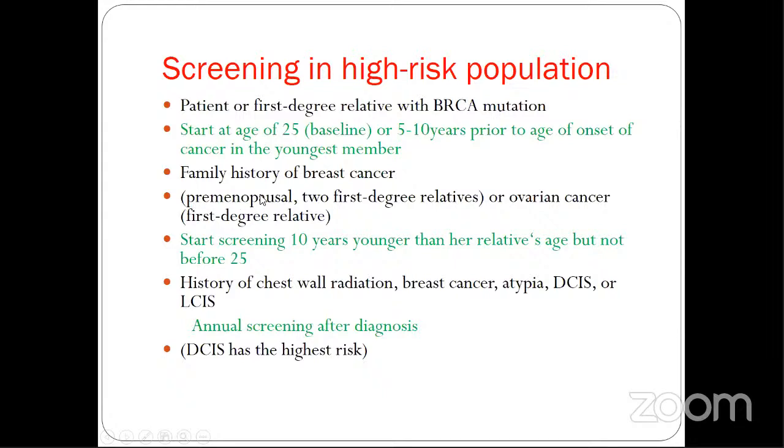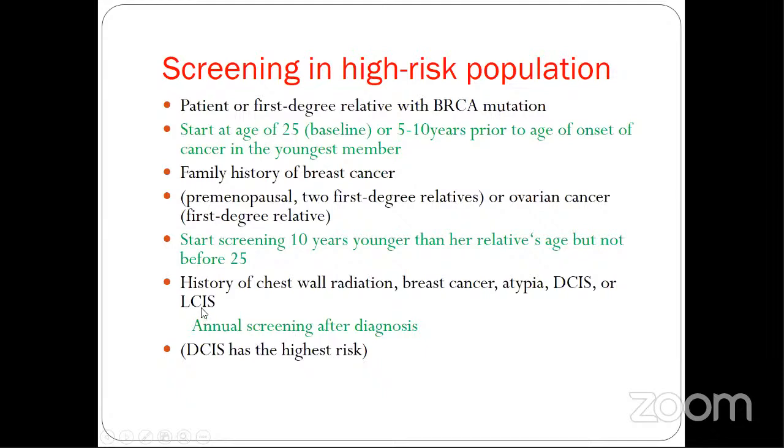If history of premenopausal breast cancer in a first degree relative, or ovarian cancer, first degree, okay. In positive family history of breast cancer or ovarian cancer, we will start screening 10 years younger than the relative's age, but not before age of 25, as we told here, we'll start at age of 25, okay, not before.